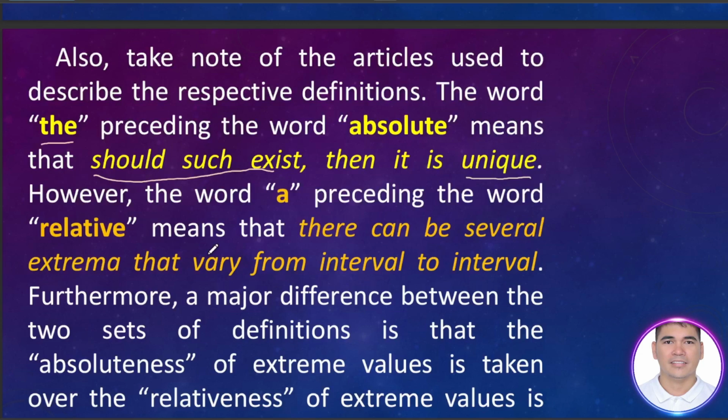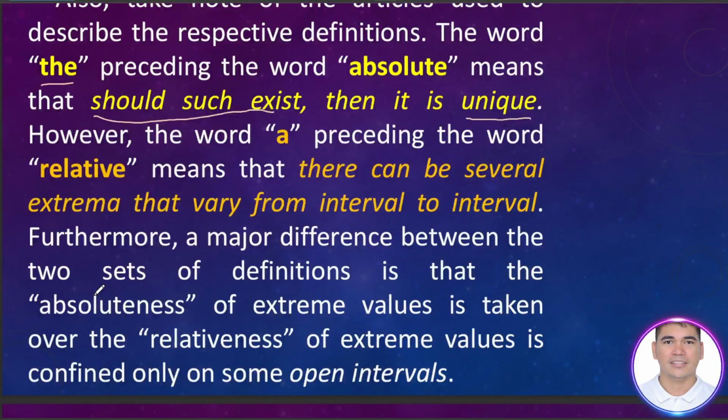However, in relative, the extrema can be several and can vary from interval to interval. Therefore, a major difference between the two sets of definitions is that the absoluteness of extreme values is taken over the whole domain, while the relativeness of extreme values is confined only to some open intervals.